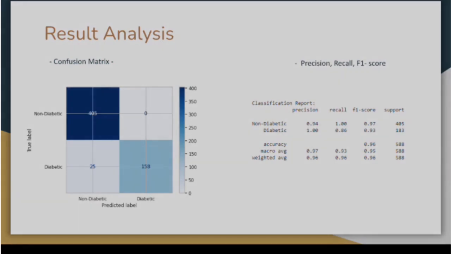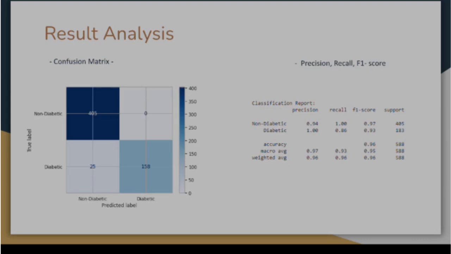To further evaluate the model, we used the confusion matrix and three key metrics such as precision, which indicates how many of the cases predicted as diabetic were correct. High precision suggests the model is good at minimizing false positives. Recall measures how well the model identifies actual diabetic cases.